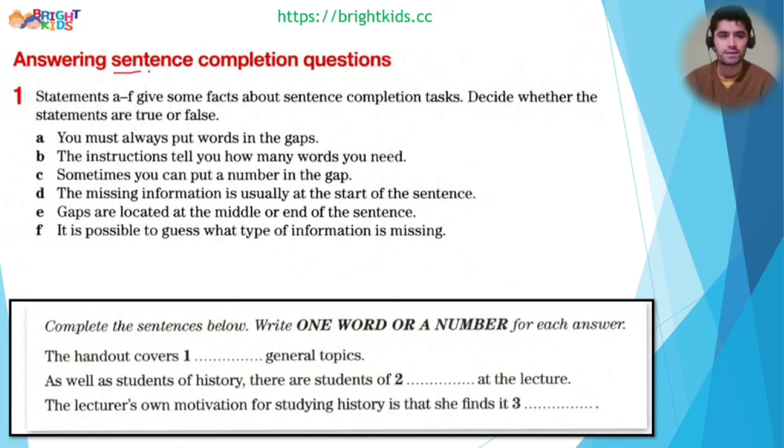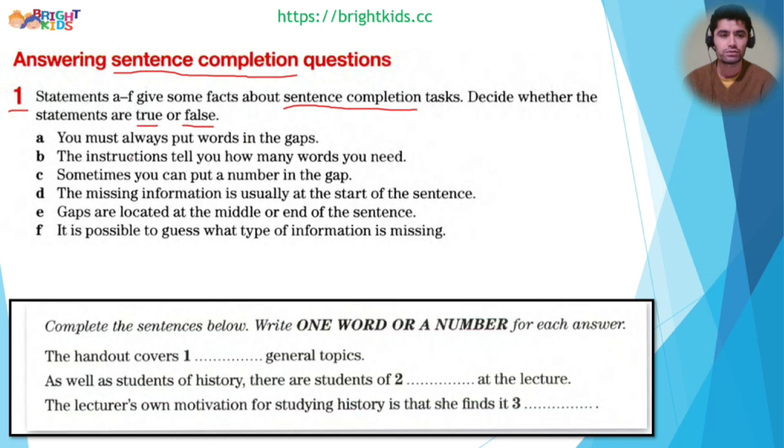Next thing is about sentence completion questions. Answering sentence completion questions. This is the first task about sentence completion questions. Statements A to F give some facts about sentence completion tasks. Decide whether the statements are true or false.